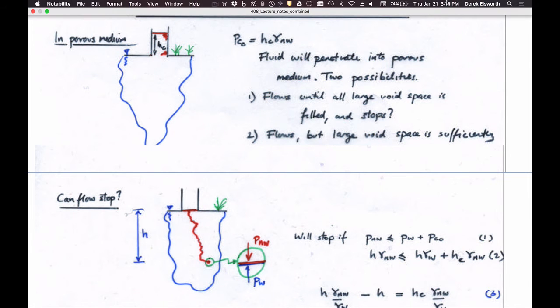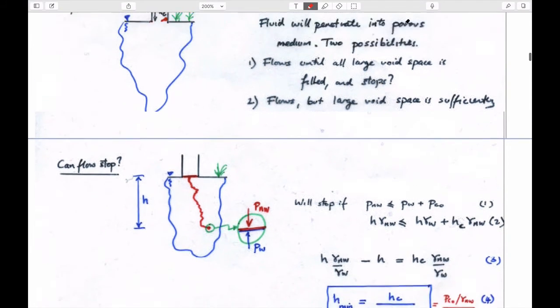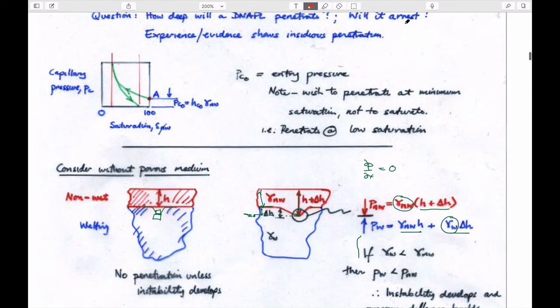And so now what's different when we talk about a porous medium? What's different about a porous medium is this capillary pressure versus saturation curve, which we spent a lot of time talking about. And in particular this point here. And that is that if the pressures here are the same, then nothing happens. If the pressures here are different, then everything happens.